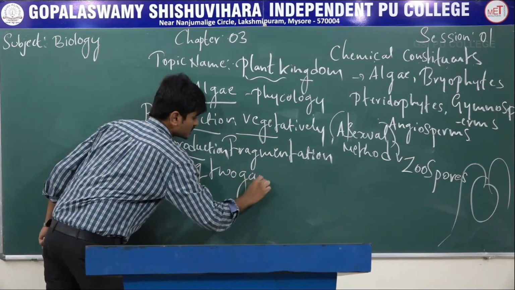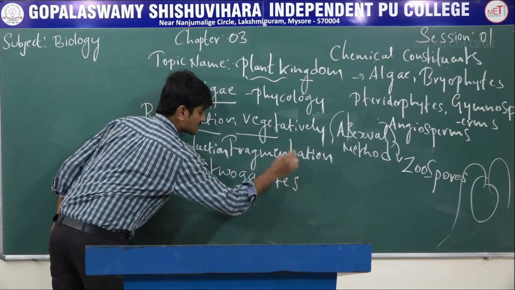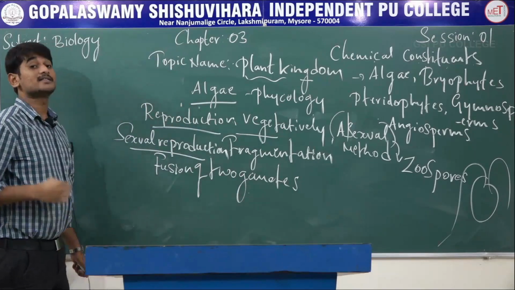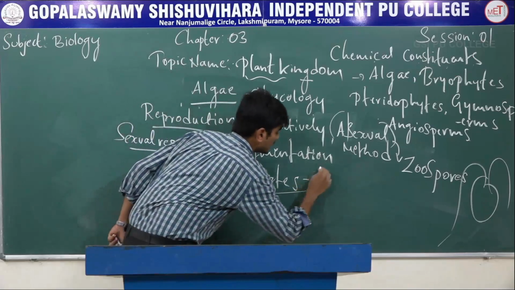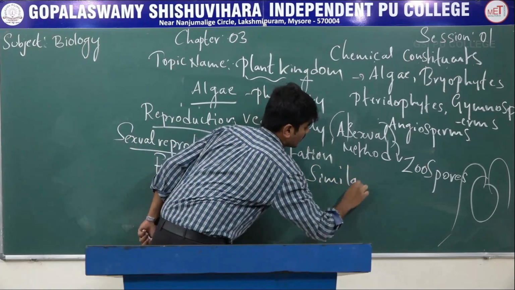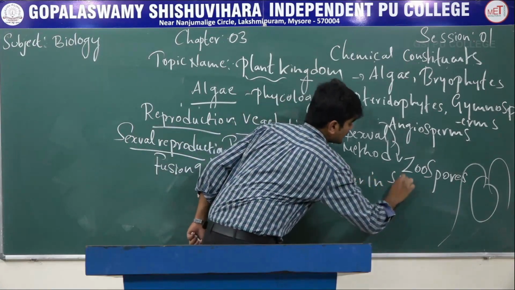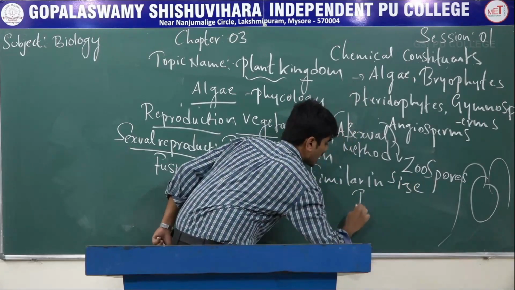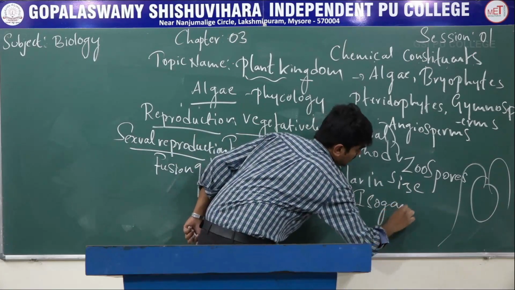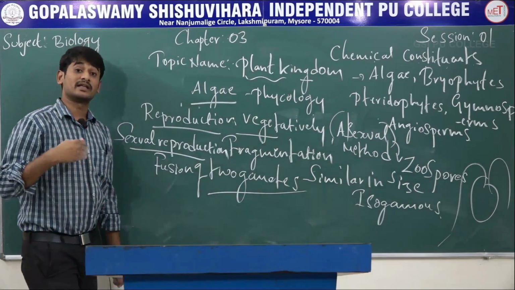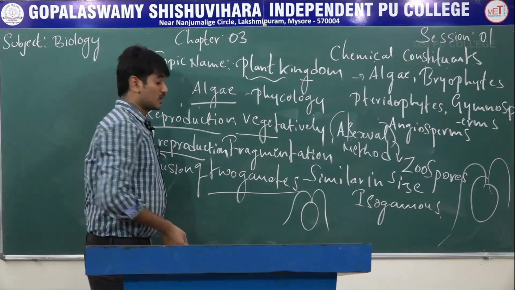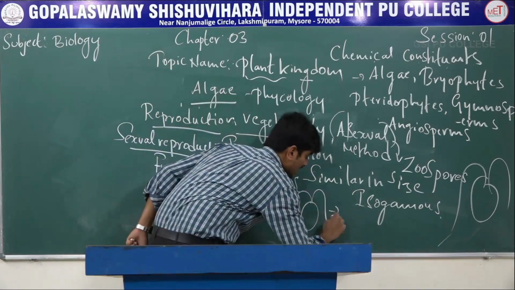These gametes may be similar in size, which is called isogamous. If the gametes are similar in size and have flagella, they are called flagellated.